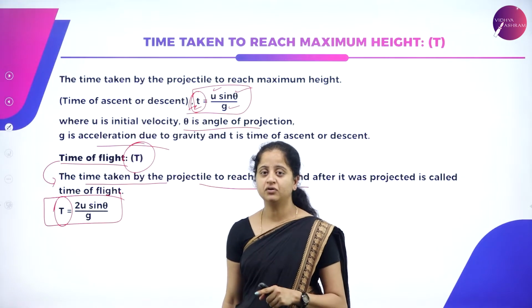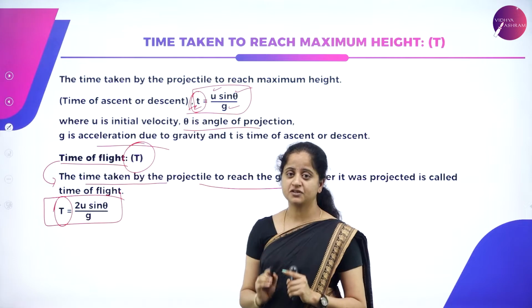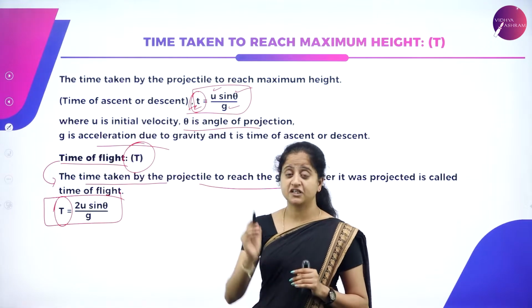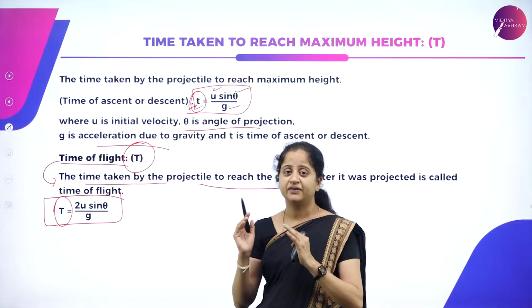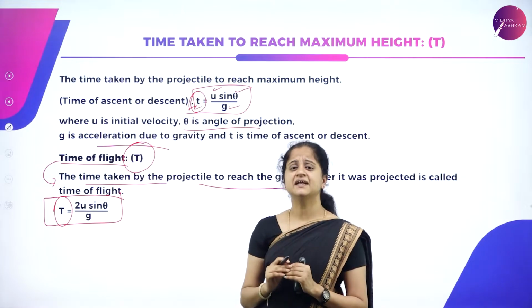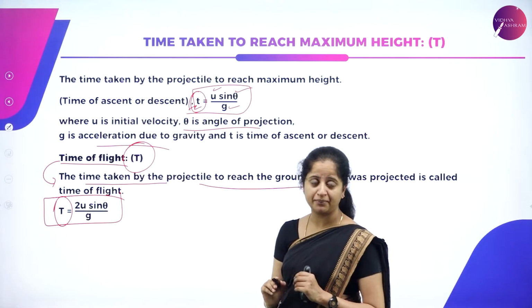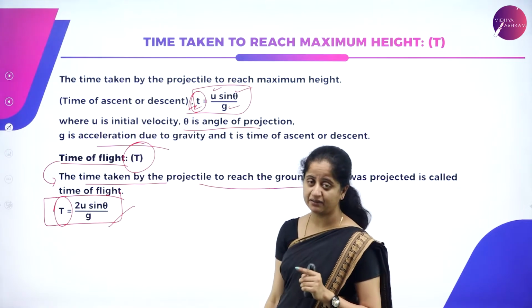Here we have to know the difference between the time taken by the projectile to reach its maximum height and the time taken by the projectile to come back again to the ground. What is the difference? The time taken by an object to come back again to the ground when it gets projected, we call the time of flight, and it is denoted by capital T. We can calculate this by using 2u sin theta divided by g.